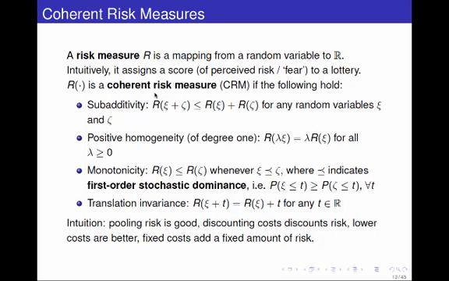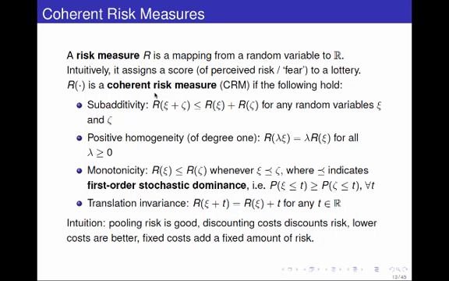Another is monotonicity. So if one lottery is first order stochastic dominated, which is a complicated way of saying if this lottery is more likely to give me less of a cost, because sorry, now high numbers here translate to bad things happening because we're interpreting it as a cost.